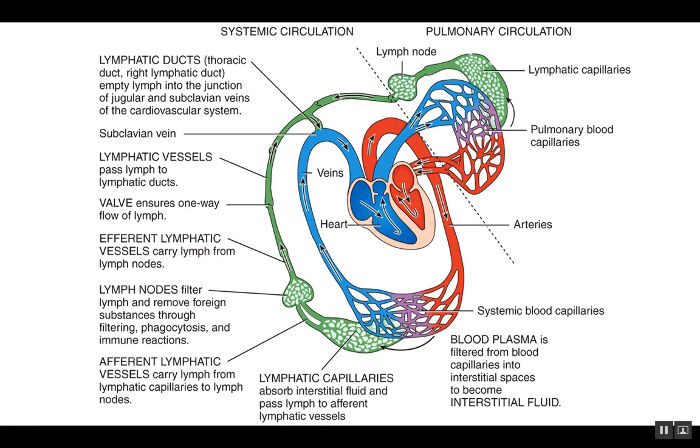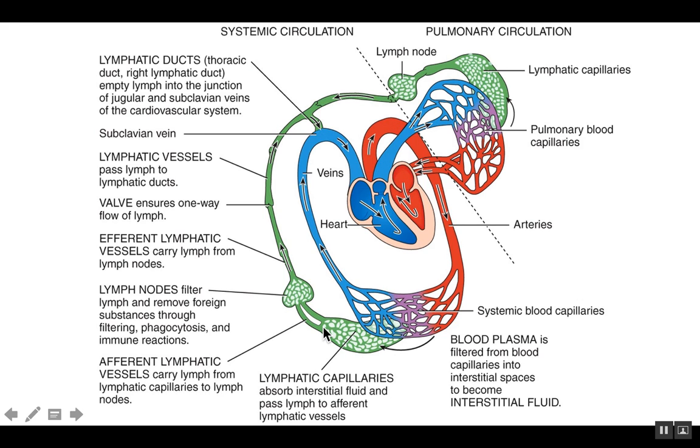This looks like a very complicated figure, and it kind of is. It overcomplicates matters. But if you look closely, the idea is here, at systemic capillaries, you're losing some fluid from the blood. Interstitial fluid accumulates. It's going to be collected in your lymphatic capillaries, which are found wherever there are blood capillaries.